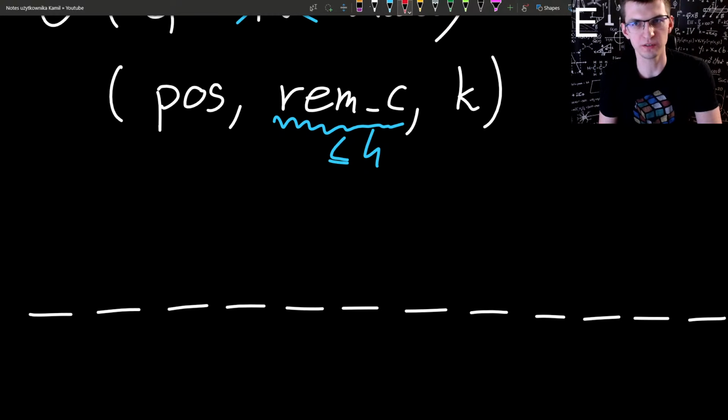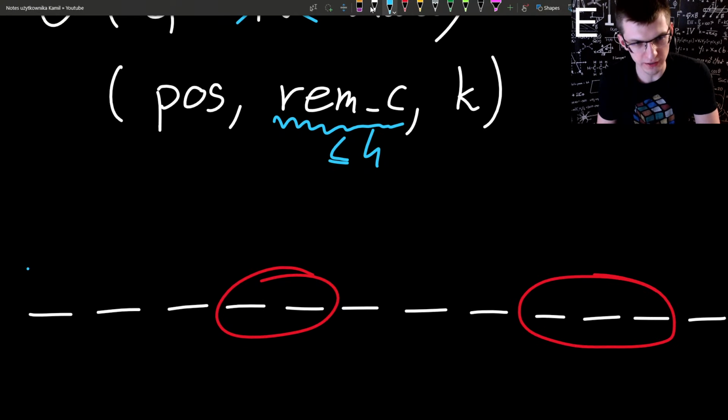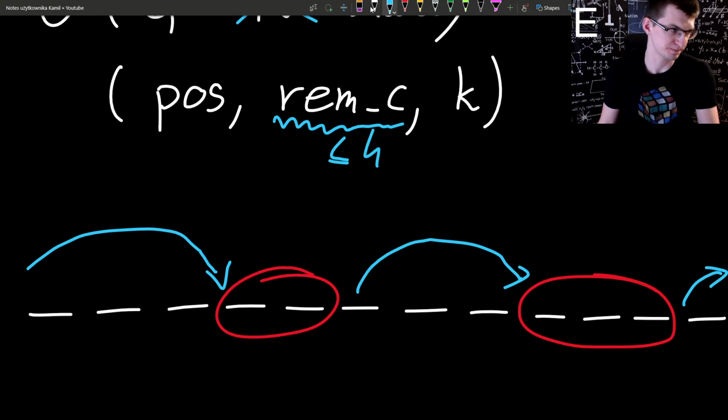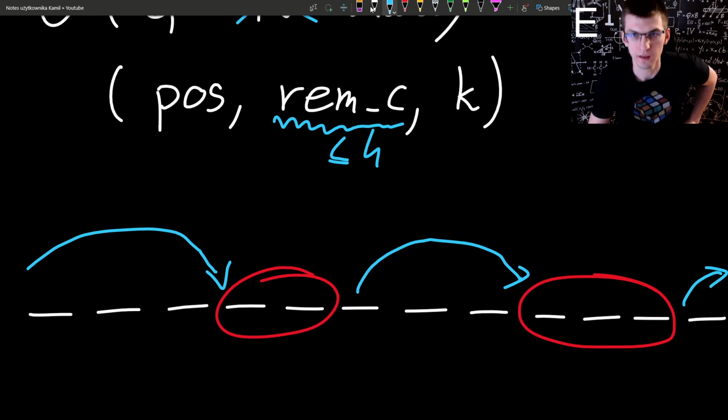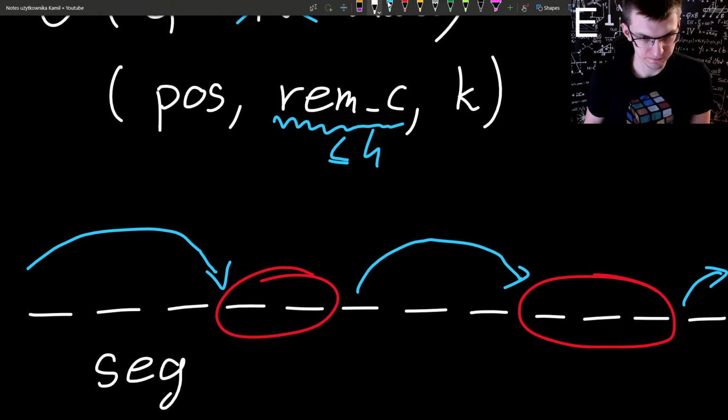So if I need to find a sequence where this part was reversed and later this part was reversed, I want to quickly jump over this part to get here, then quickly jump over this part, and then quickly jump over this part. And I will do it with a segment tree. At least this is how I did it.